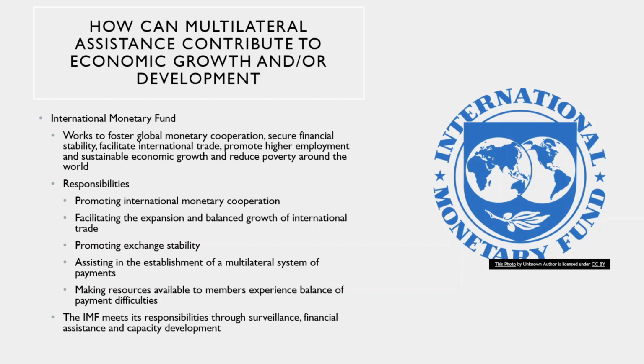Some of the responsibilities of the IMF are: it promotes international monetary cooperation, facilitates the expansion and balanced growth of international trade, promotes exchange stability, assists the establishment of a multilateral system of payments, and makes resources available to members experiencing balance of payment difficulties. The IMF will give out loans. They usually do have strings attached. The strings attached are usually financial measures they have to adopt to become more financially stable.